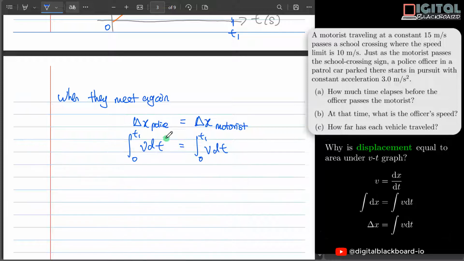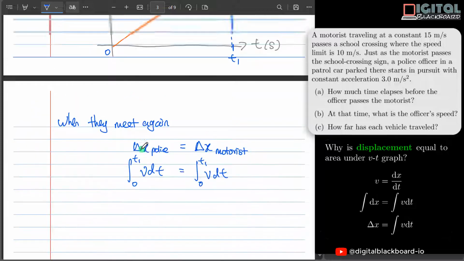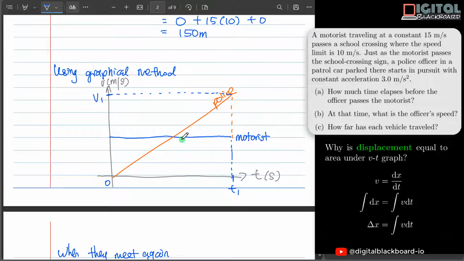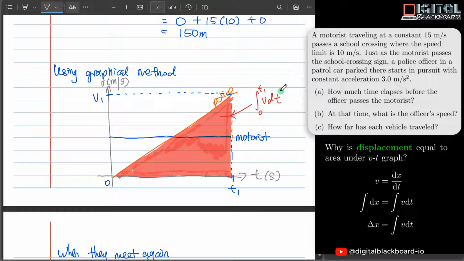For the police officer, this area will be equal to the area of the triangle under the VT graph.